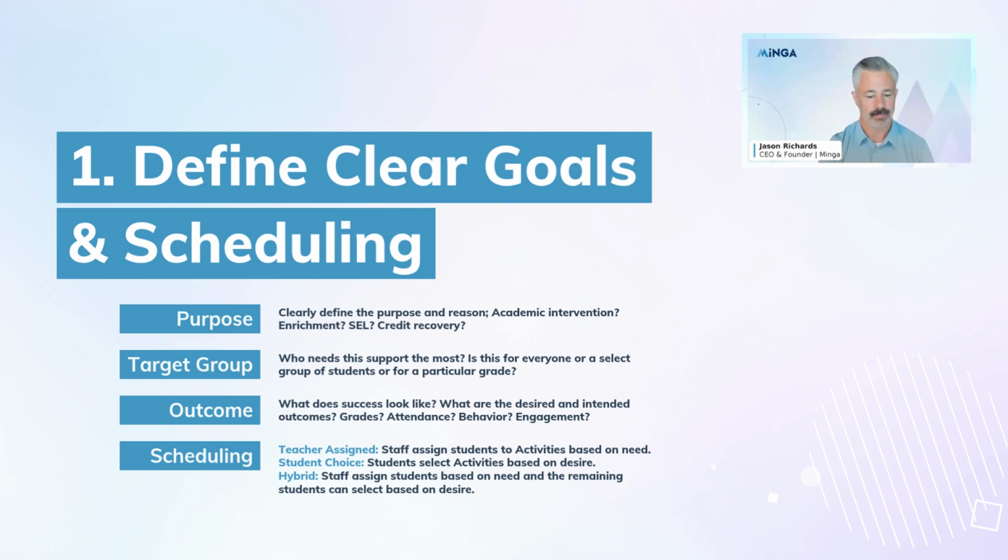With that in mind, we are going to dive right in. So number one, this is so frequently missed through the process of actually executing on your flex time or advisory period.